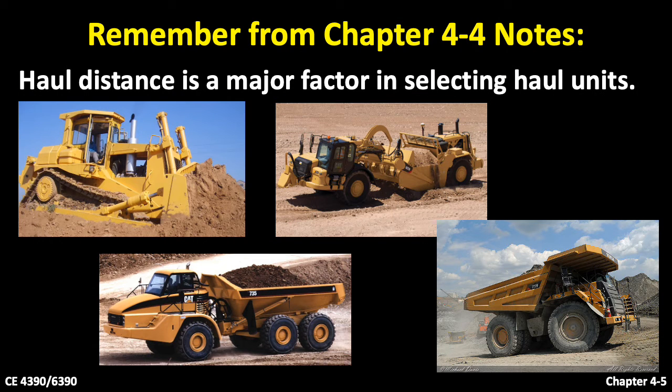Okay, you know that there are other types of machines that can be used for hauling. So why do we use trucks and when should we use trucks? Remember from chapter 4.4, the selection of hauling units is mainly driven by the hauling distance.